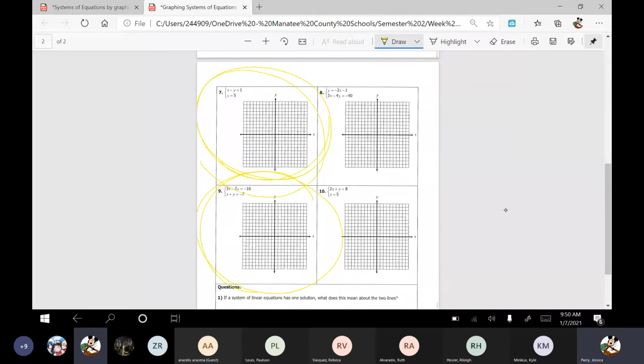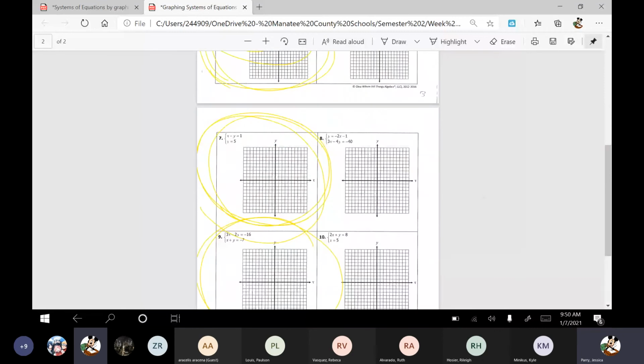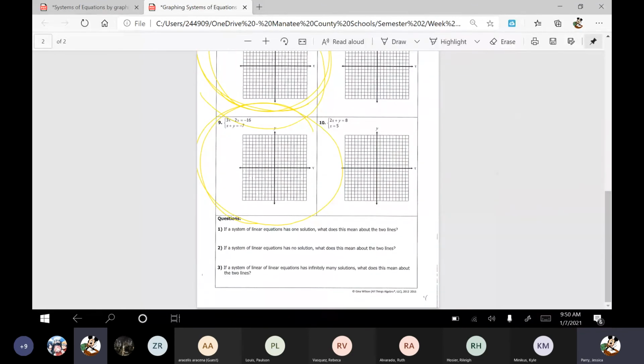You should also have numbers 1 through 4 finished, because we just did all of those ones together. You're not going to do those last 6, 8, and 10. If you want extra practice, you can do that.